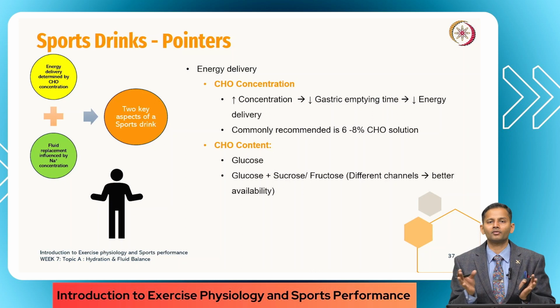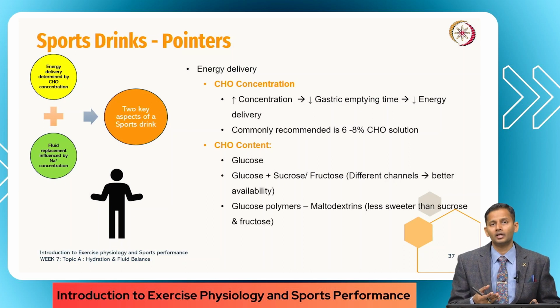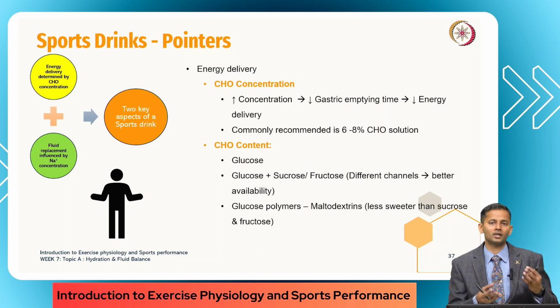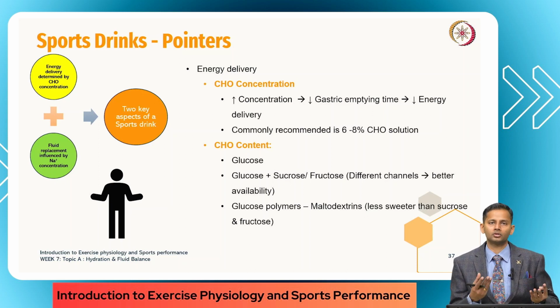So you are trying to leverage the different types of transporters available. Two different carbohydrates in combination also work well, and you also have glucose polymers like maltodextrins, also used in combination with glucose as the carbohydrate content.